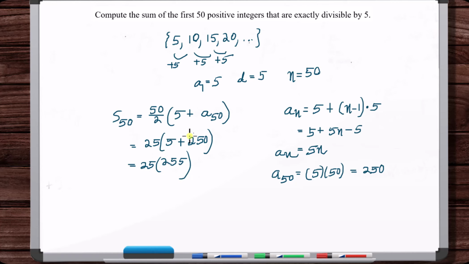So 25 times 255. So this is 6,375, and that is your sum.